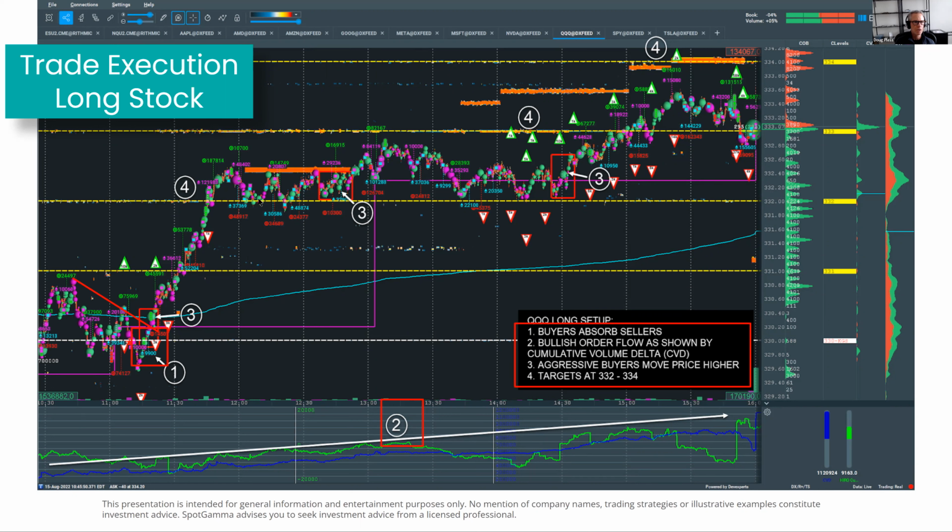And then a lot of consolidation for almost 3 hours. And then a final move higher around 2:30 Eastern time, up and didn't quite make it to the 334, and the liquidity up here at that level. And that liquidity often acts as price targets.